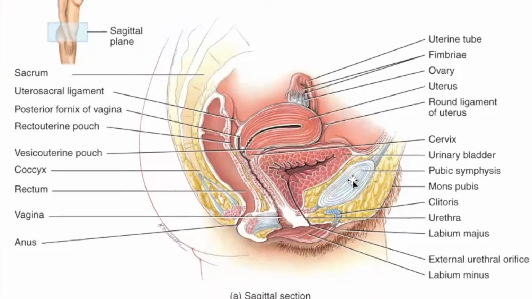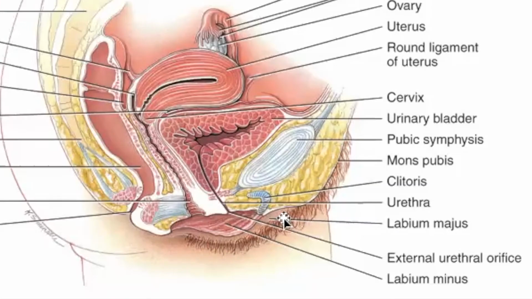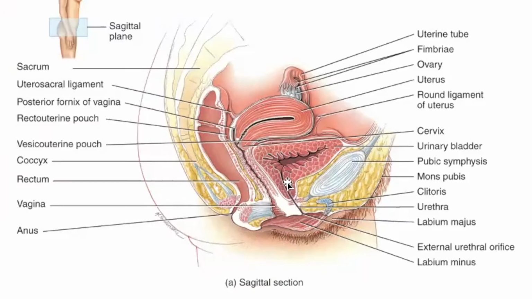If you observe externally, there are a couple of important structures, such as the clitoris, or the erectile tissue. This is the labium majus, and this is the labium minus. This right here is the urethra with the external urethral orifice, and that leads to the area where you will find the urinary bladder.